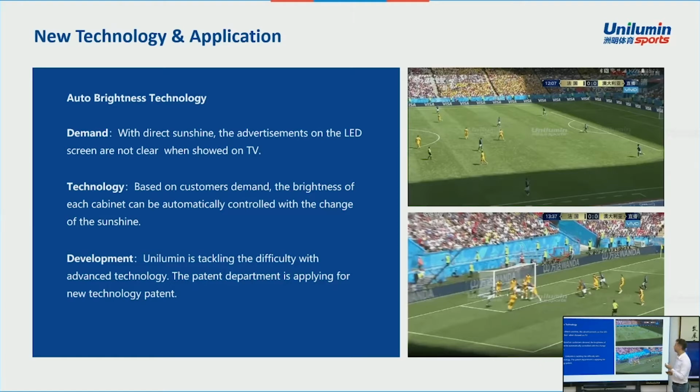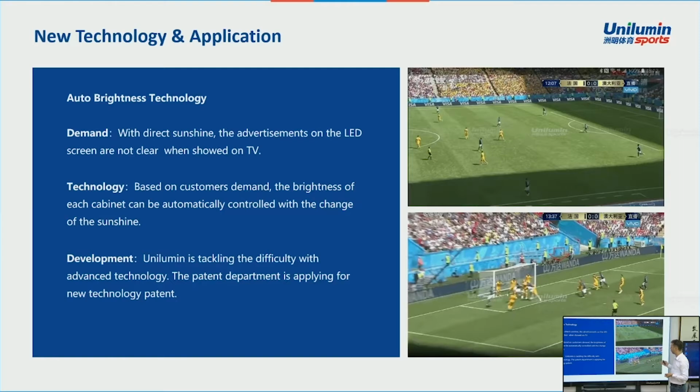This is very important for the perimeter because for matches at daytime or early afternoon, we can have certain sunlight conditions when not the entire perimeter will be under direct sunshine, but some part of the perimeter can be covered by shade. So if we are able to set up only one brightness level for the entire perimeter, it means that part of the perimeter would be too bright or too dark.